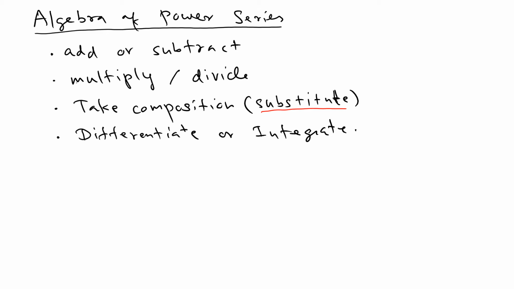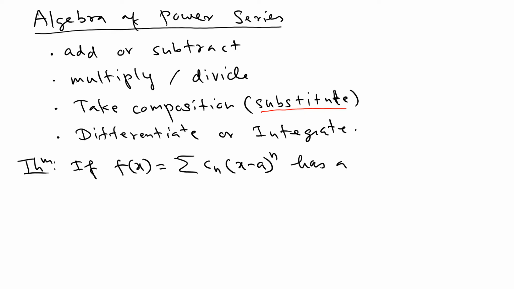So we have this important theorem. Let's start with this. What it says is, if f(x) equals this power series, sigma Cn (x minus a) to the n. I'm not going to specify the n value because it depends on the function.